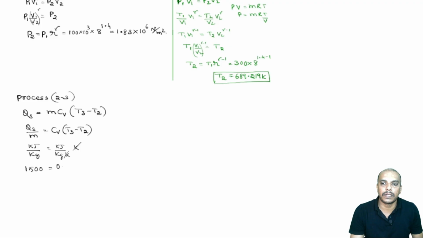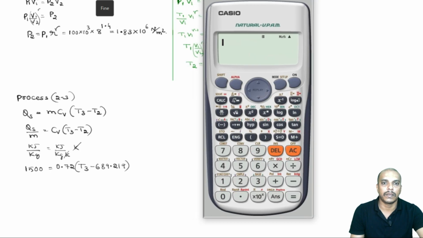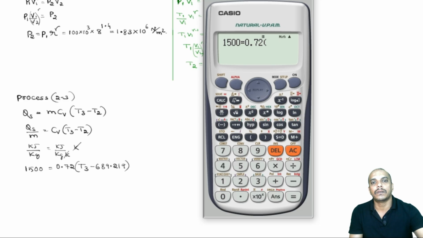Now, Cv is 0.72 is given, T3 is the unknown and T2 is 689.219. Now, the only unknown is T3, that is the maximum temperature in the cycle, we can find it out. So, 1500 equals 0.72 into the unknown, we will call it as x, minus 689.219.